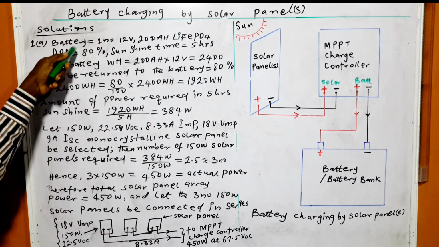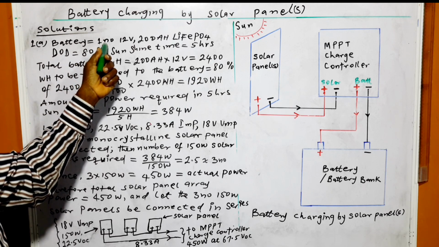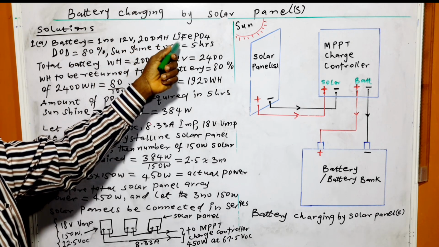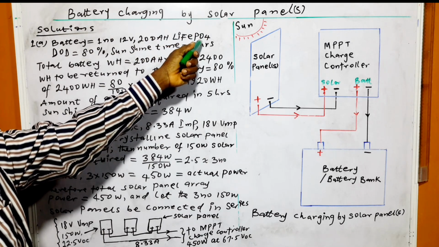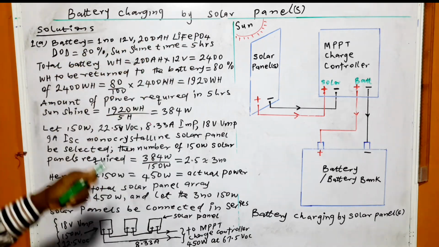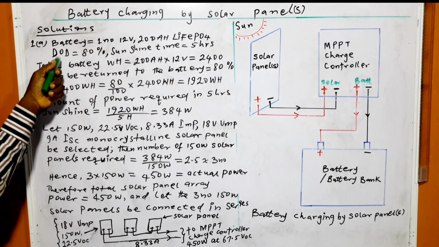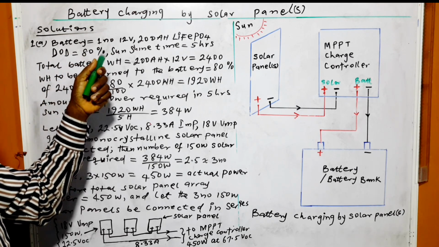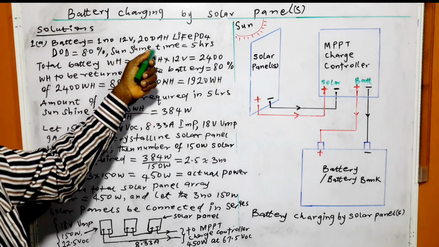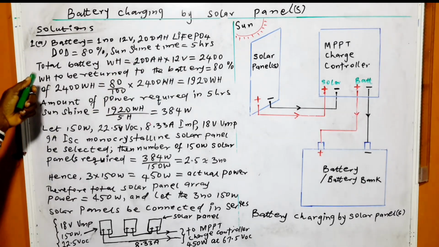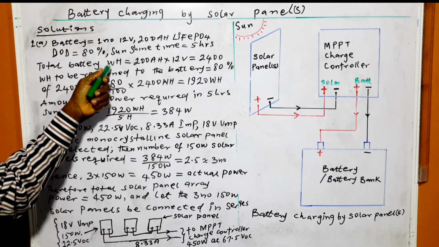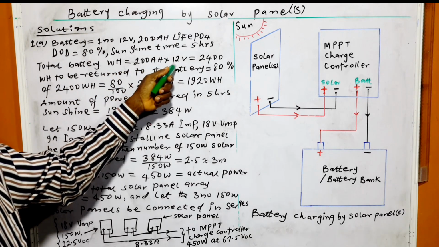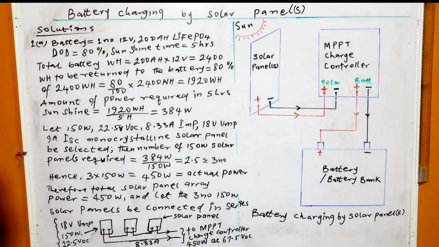1A. Battery: 1 number 12 volt 200 ampere hour lithium iron phosphate battery. DOD, that is depth of discharge, is equal to 80%, that is 80% has been used. Sunshine time is equal to 5 hours. Then total battery watt hour is equal to 200 ampere hour multiplied by 12 volt, that is 2400.